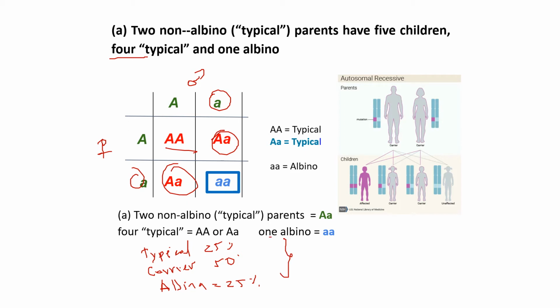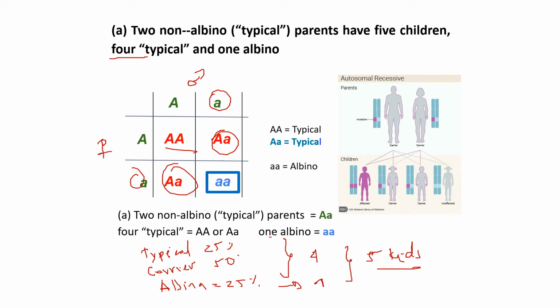They don't tell you how many are carriers, they just tell you that they have four children plus one, so five kids. Four of them could be typical or carriers, and one should be albino. They don't define whether the typicals are carriers or lack the albino gene.